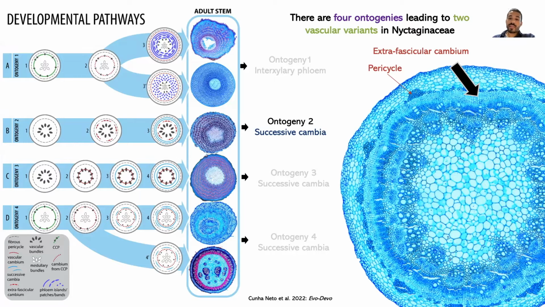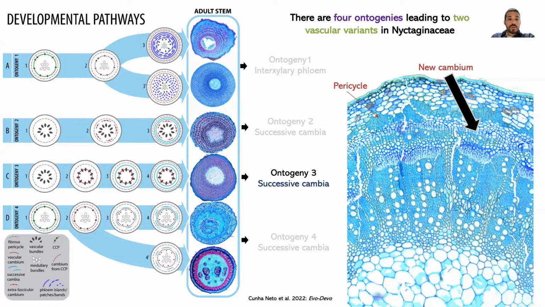So after that first vascular cambium produces some amount of vascular tissue, a new cambium arises externally to the vascular tissue produced before, and that repeats several times, and that's why this stem ontogeny is classified as a type of successive cambia.